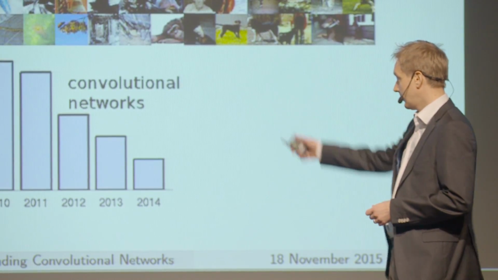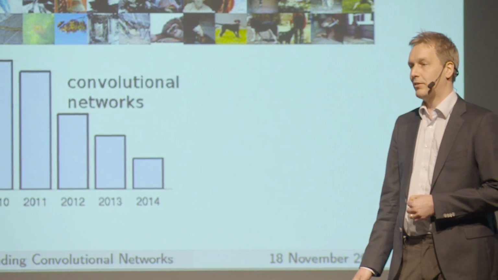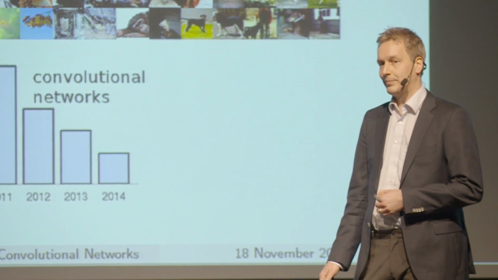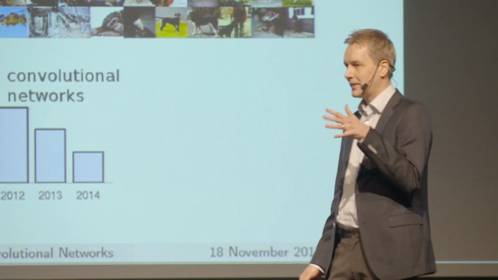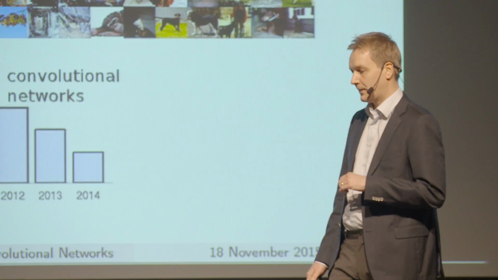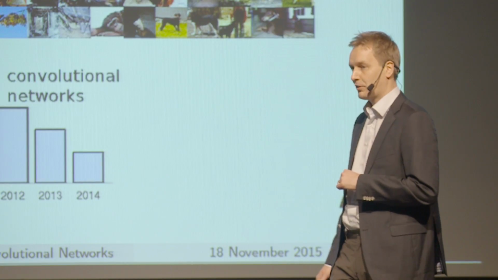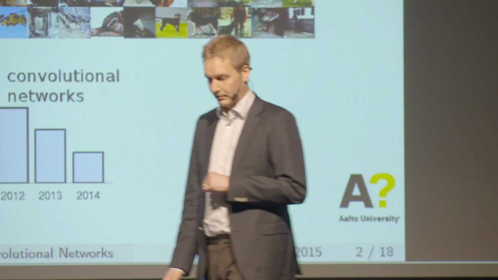On the bottom you see the error levels of the winning competitor in different years, and the performance had been staggering somewhere, but then came deep learning convolutional networks in 2012, and things started happening really rapidly.